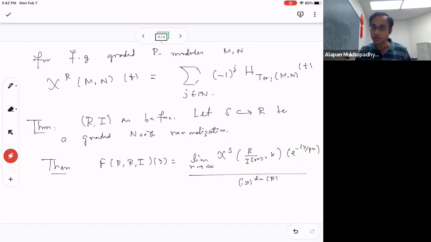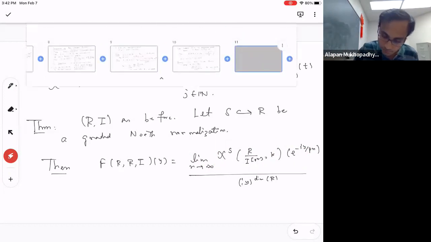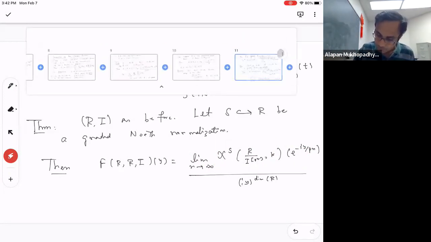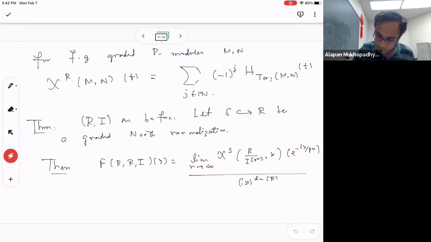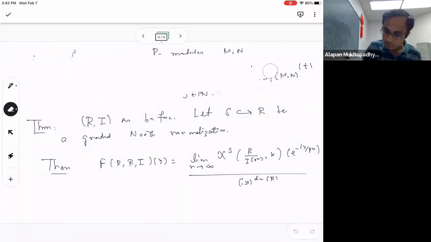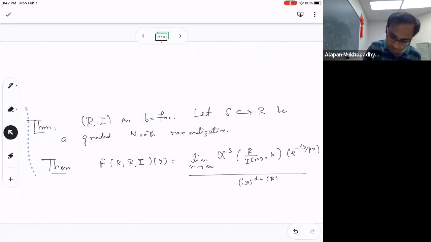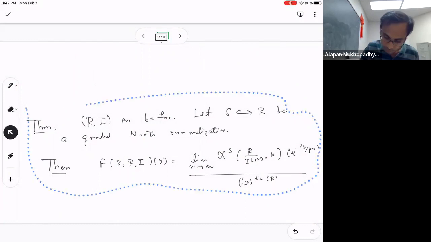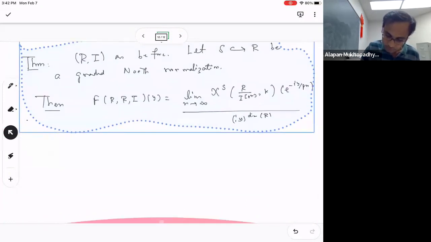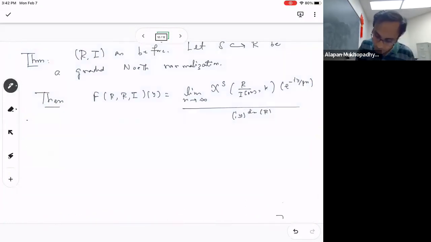Let me just write down the explicit description. For a fixed n, you can write down a minimal free resolution of R mod I power bracket p power n as an S module.